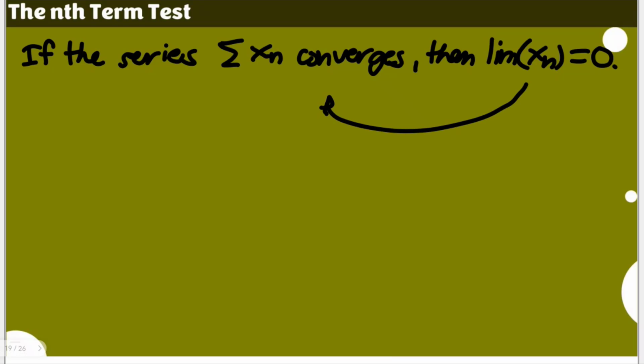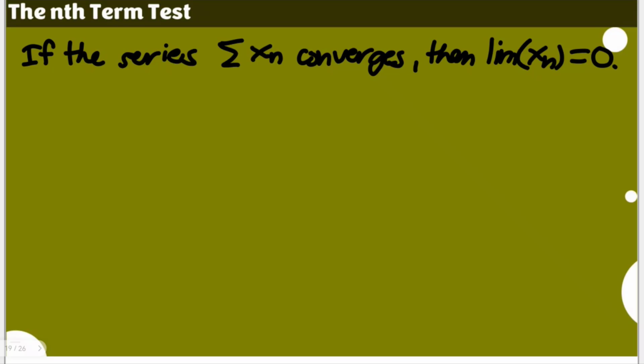It starts with the idea that the series is already convergent, and then we can actually provide the limit being equal to 0. There is no guarantee that if the resulting limit of the sequence is 0, then the series is convergent.